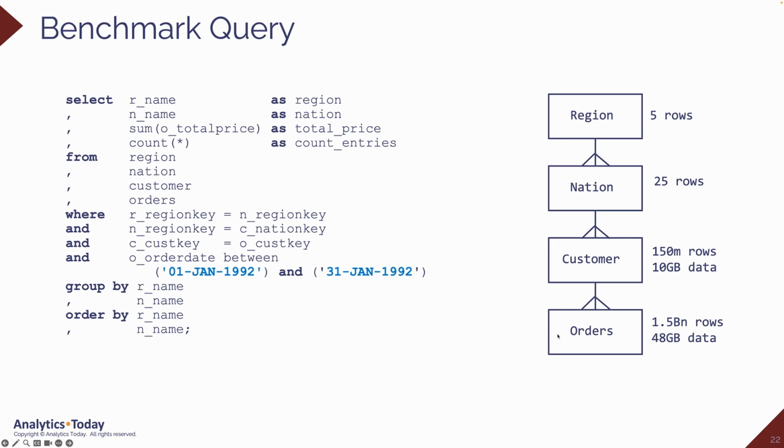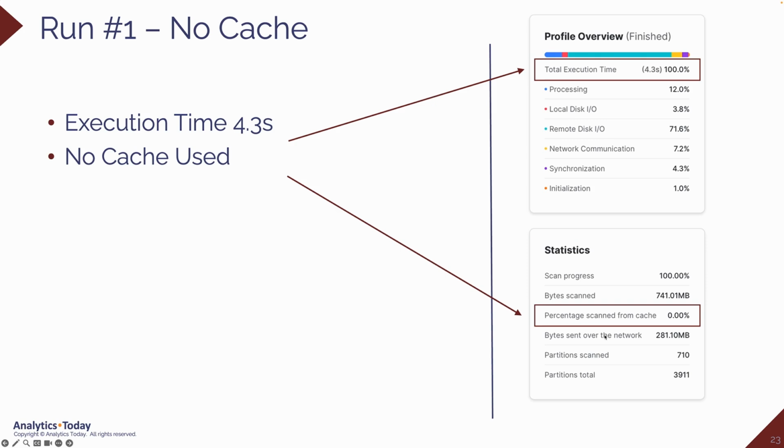But the key point is not the query performance here, but the difference each time it's executed, showing the cache differences. The first time we executed it, there was no cache usage and it took 4.3 seconds. We can see in the query profile that the total execution time is 4.3 seconds, and nothing was scanned from the data cache.